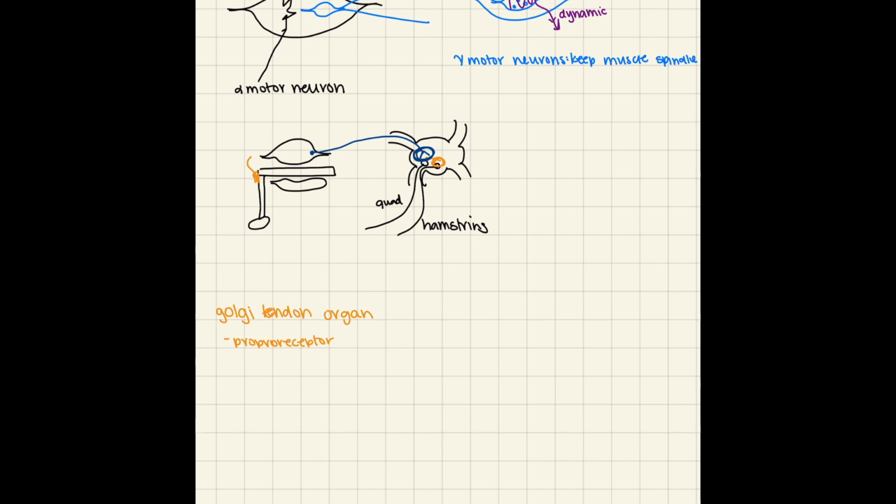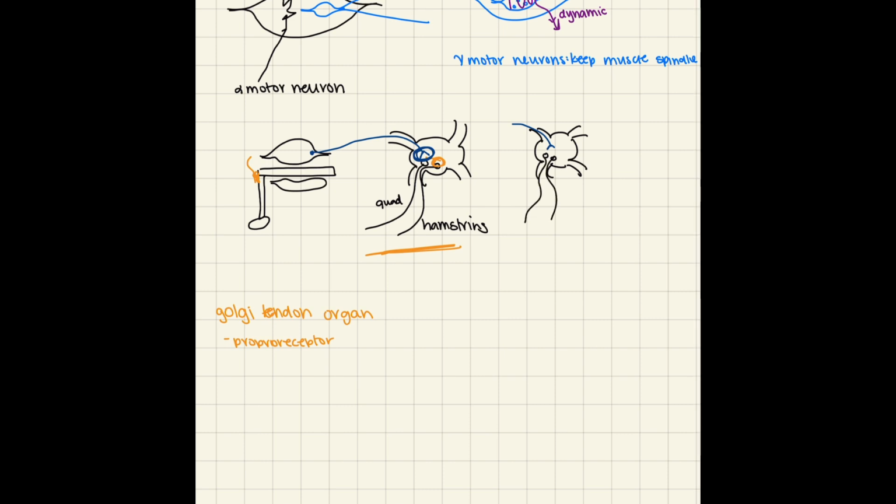So if that's activated during contraction, so if we contract the quad too much, what's going to happen is actually the opposite of what's drawn up here. I'm going to draw a new picture, but just leave the one on the side there. What will happen is the sensory neuron will come in, and we're contracting the quad too far.